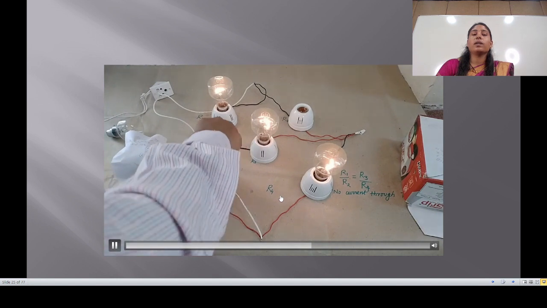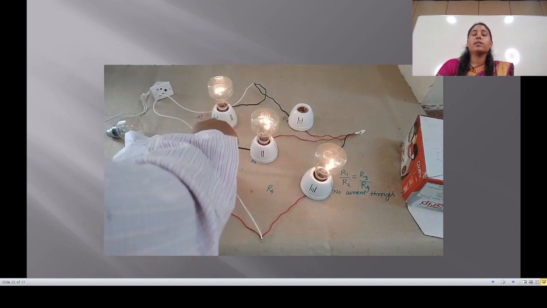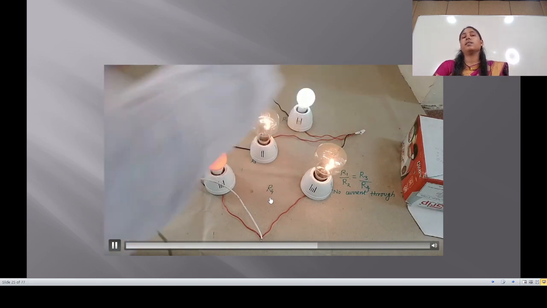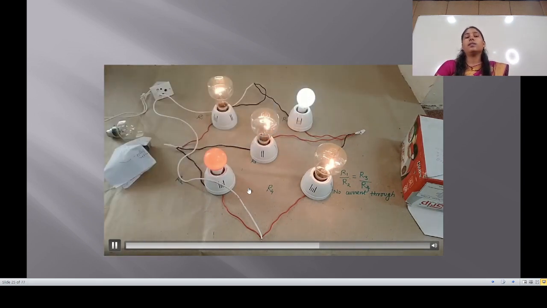Okay. Then we socket another 71 watt bulb, and these are also glowing. This means that when the opposite bulbs have a lesser value, then current will be flowing through the middle one.